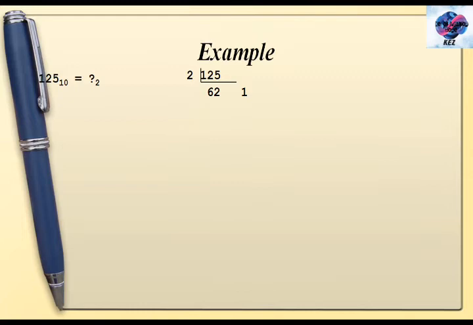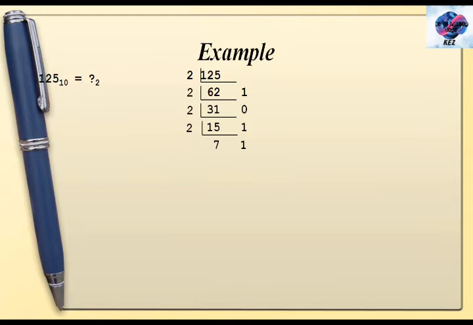So let's take one example. Here the number is 125, base 10. Now 125 is first divided by 2. So 62 is coming, remainder is 1. Next again divide by 2: 31, remainder 0. Again by 2: 15, remainder 1. Now 15 once more divided by 2: we get 7, remainder 1.